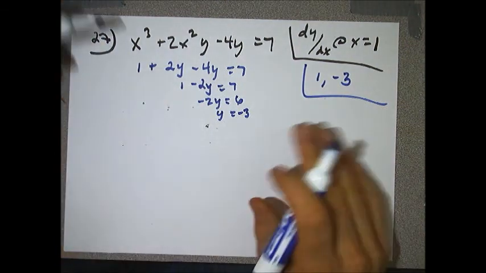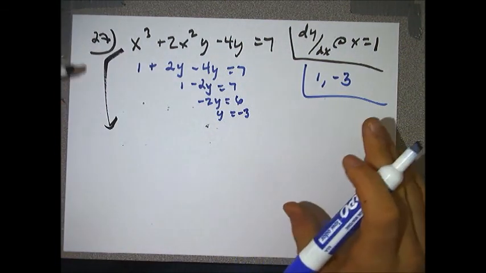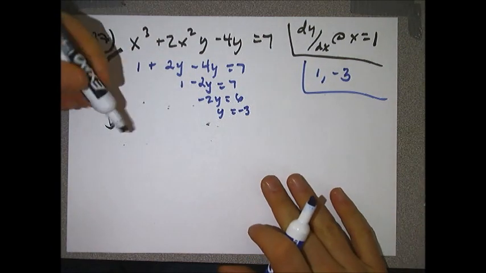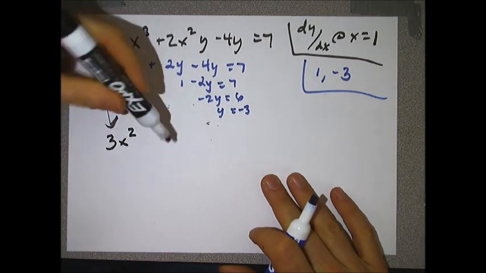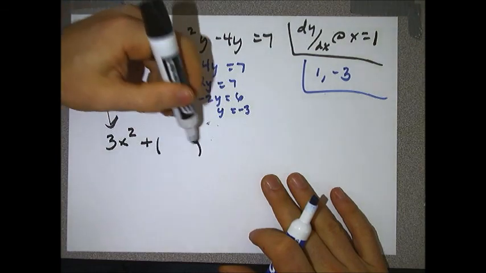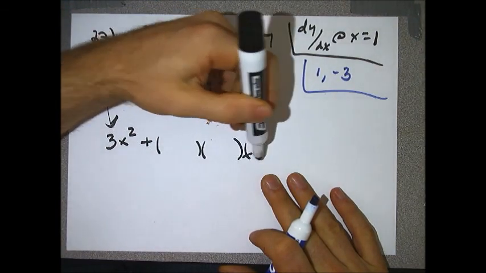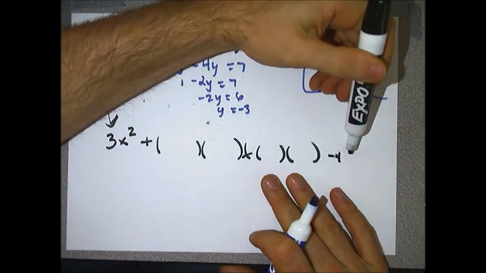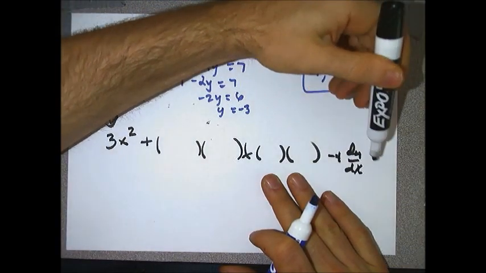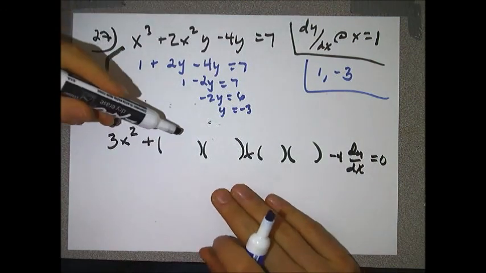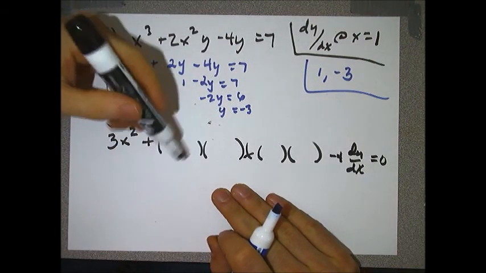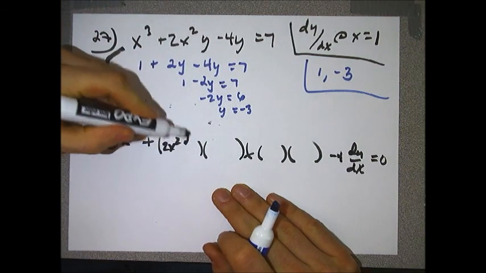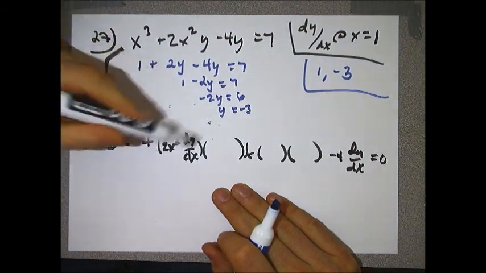I'm going to go back to the beginning now and find our derivative. This one was the second derivative, so let's find the first one. 3x squared plus product rule minus 4 dy dx is equal to 0. Product rule. First is 2x squared times the derivative of the second, so dy dx.